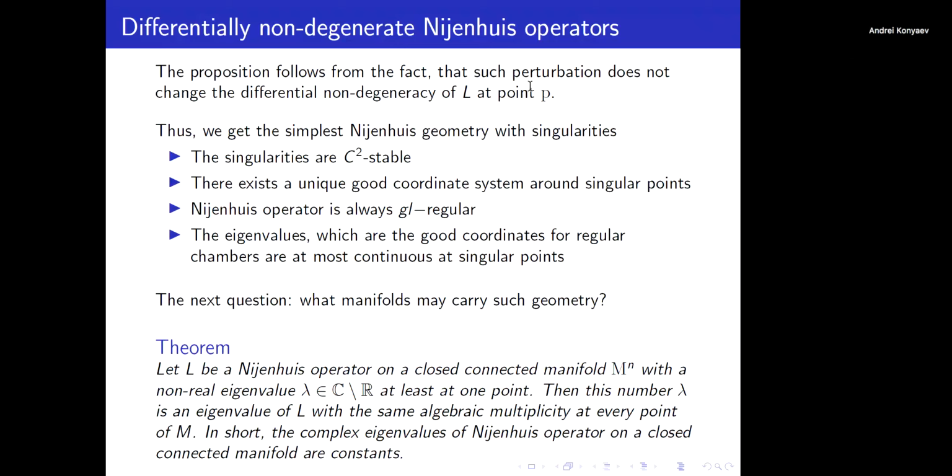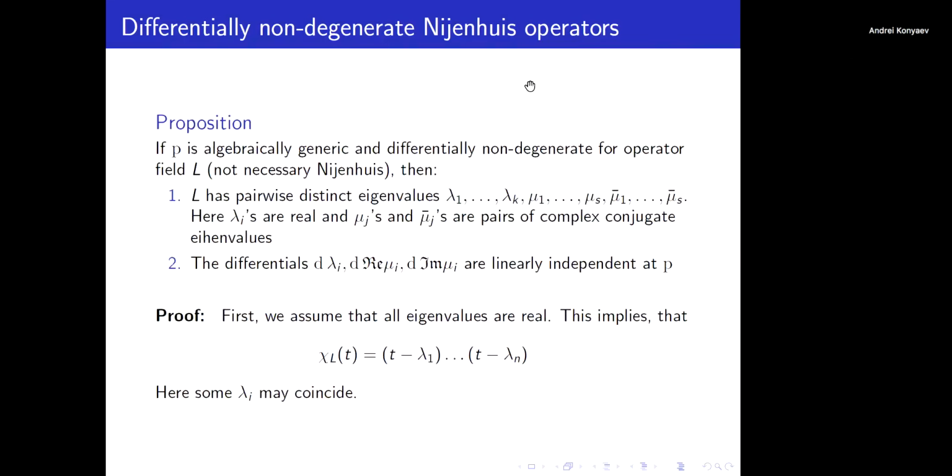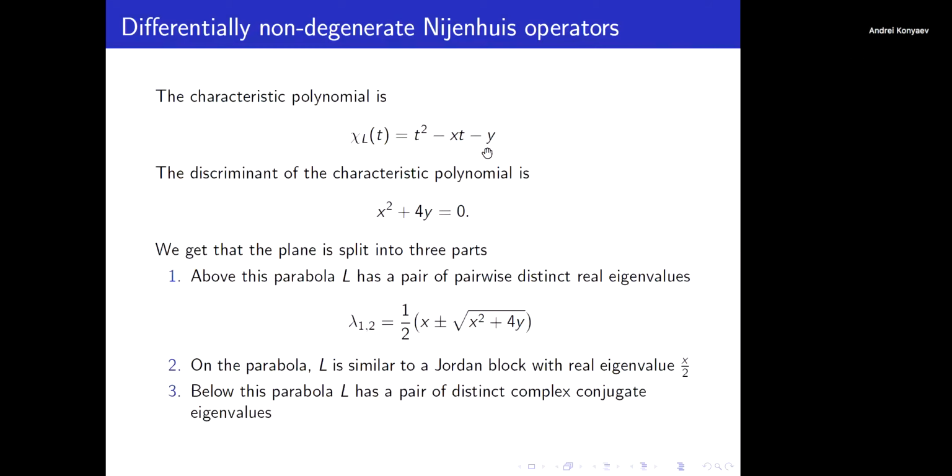It means that, for example, if we go back to our two-dimensional case, then it is obvious that those singularities cannot be realized on any complex manifold. Why? Because the complex eigenvalues here, below the parabola, are not constant.